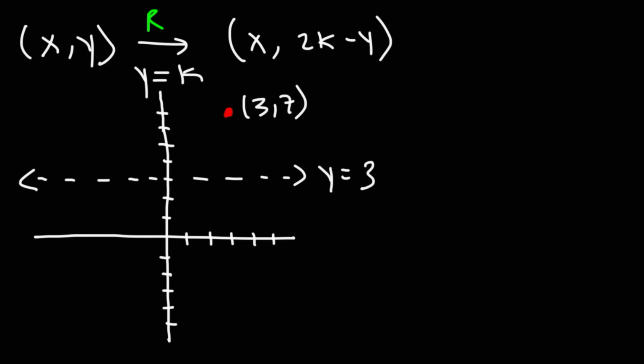I have 3's everywhere, so that could be confusing. Let's adjust this a bit. Let's make this 5, 7, so we don't get confused by the many 3's. So this is the point 5, 7. Go ahead and reflect it about the line y equals 3.